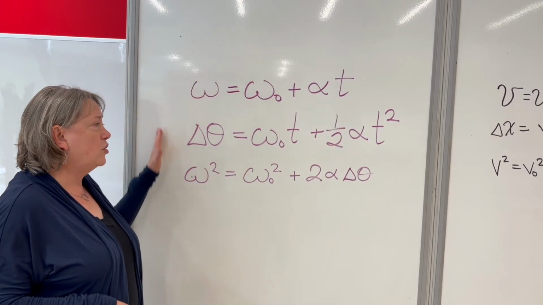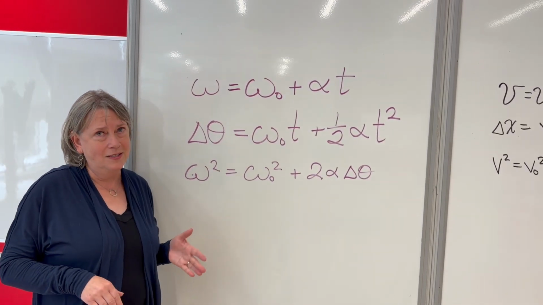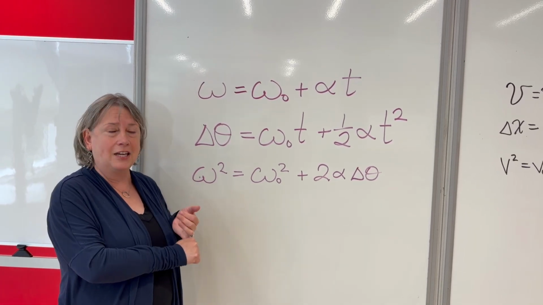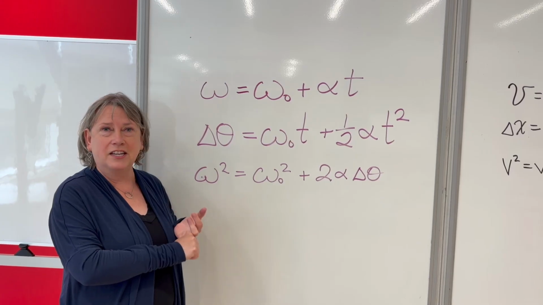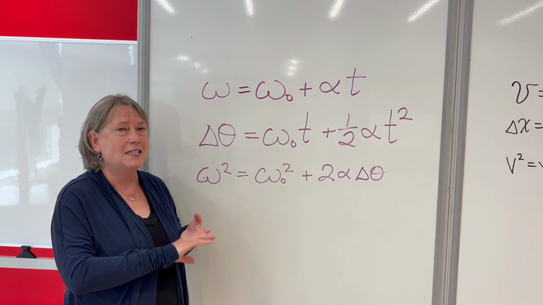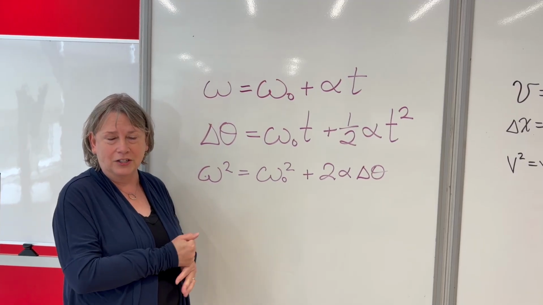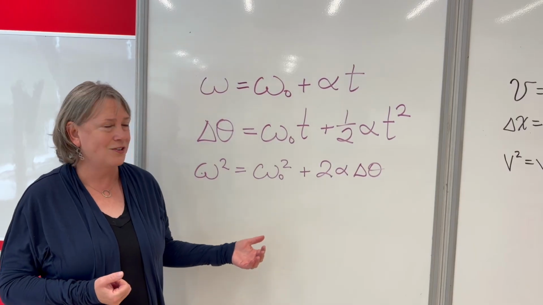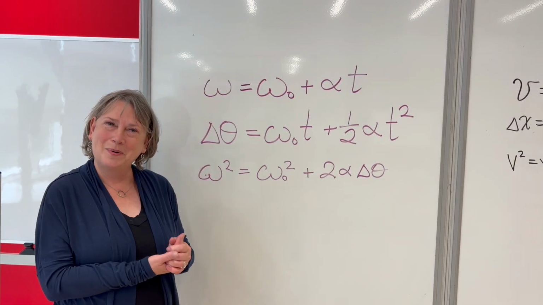So we're going to use these equations to relate angular displacement, initial angular speed, final angular speed, time, and angular acceleration. So you'll be given some of those and asked to find others. Let's work some problems now.